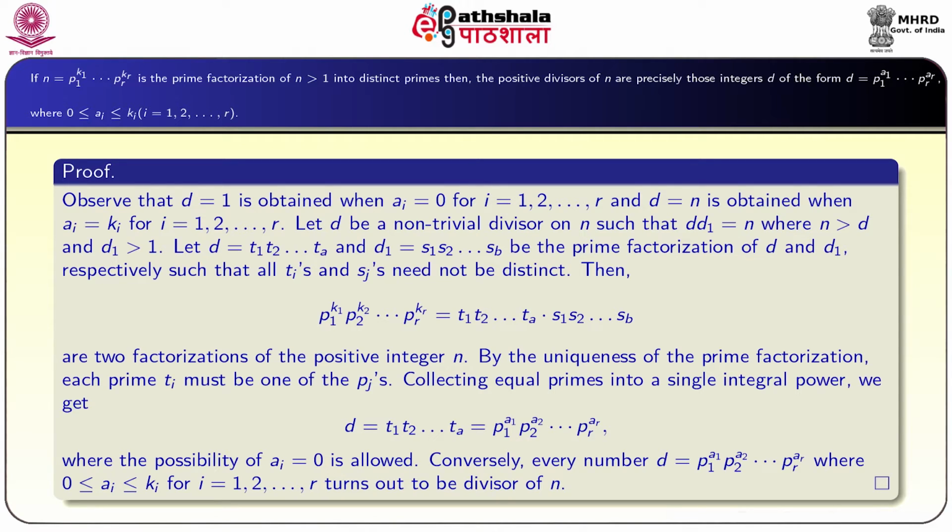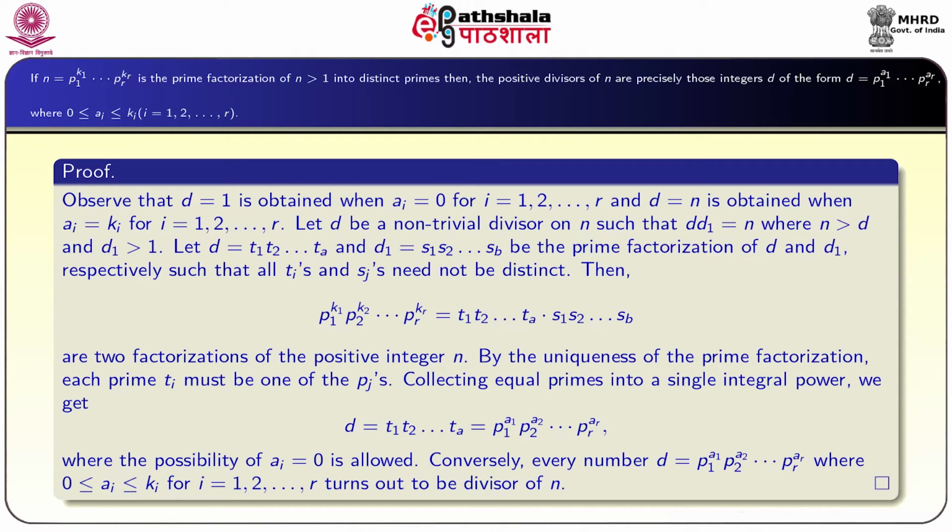So, now let us take d equal to t1, t2 and so on ta be the prime factorization of d, and d1 is equal to s1, s2 and so on sb as a prime factorization for d1, then their ti's and sj's need not be distinct, they are just prime factors of d and d1 respectively.